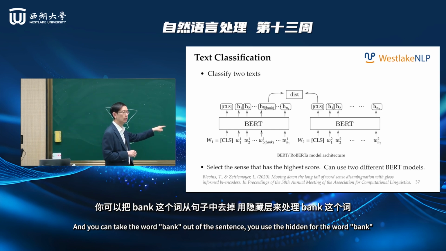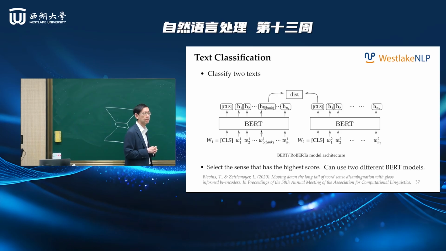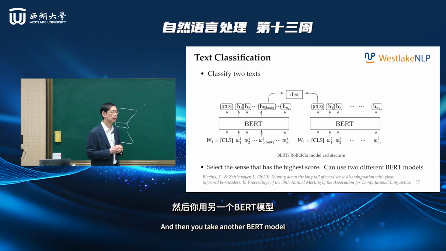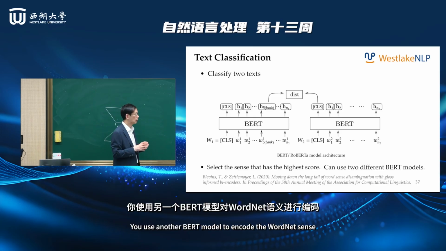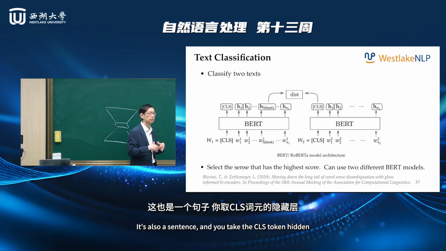You use the hidden for the word bank. And then you take another BERT model. So these 2 BERT models can be fine-tuned into 2 different sets of parameters. You use another BERT model to encode the WordNet sense. It's also a sentence, and you take the CLS token hidden.